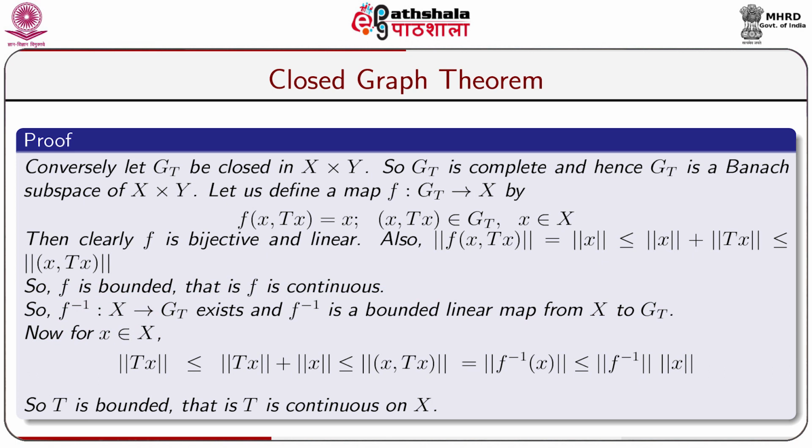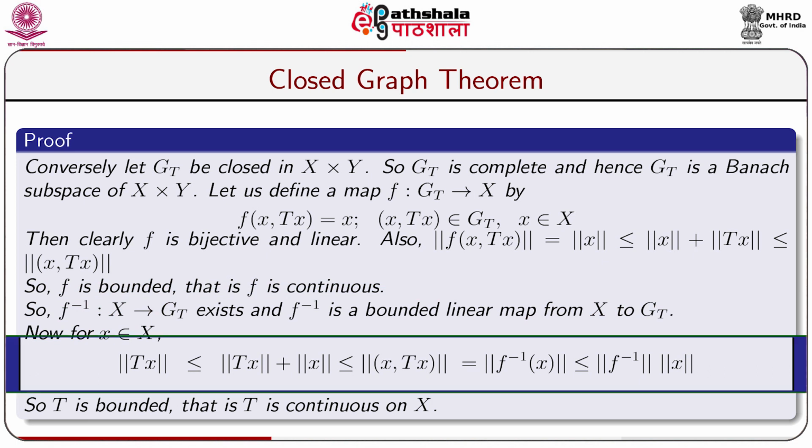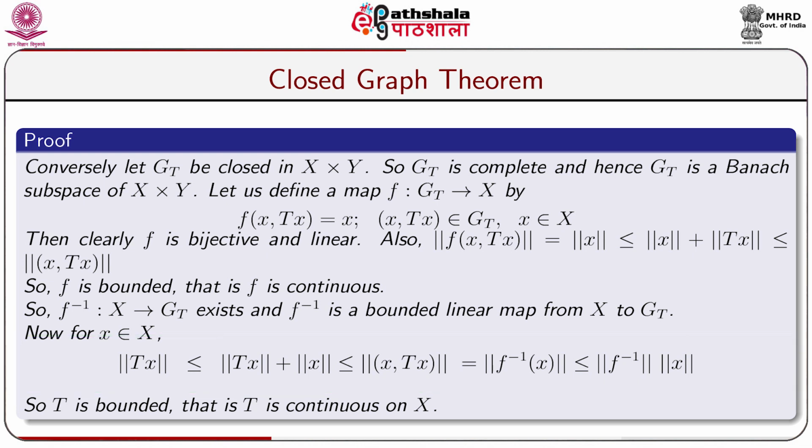Now for x belonging to capital X, norm of Tx is less or equal to norm Tx plus norm of x, because norm of x is greater or equal to 0. Thus norm of Tx plus norm of x is less or equal to norm of the pair (x, Tx), which is again equal to norm F inverse x.